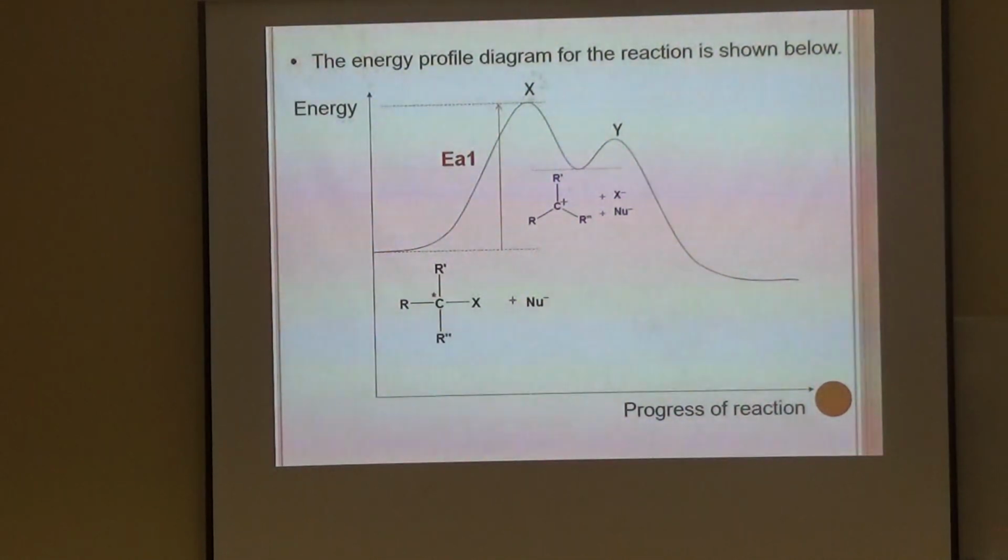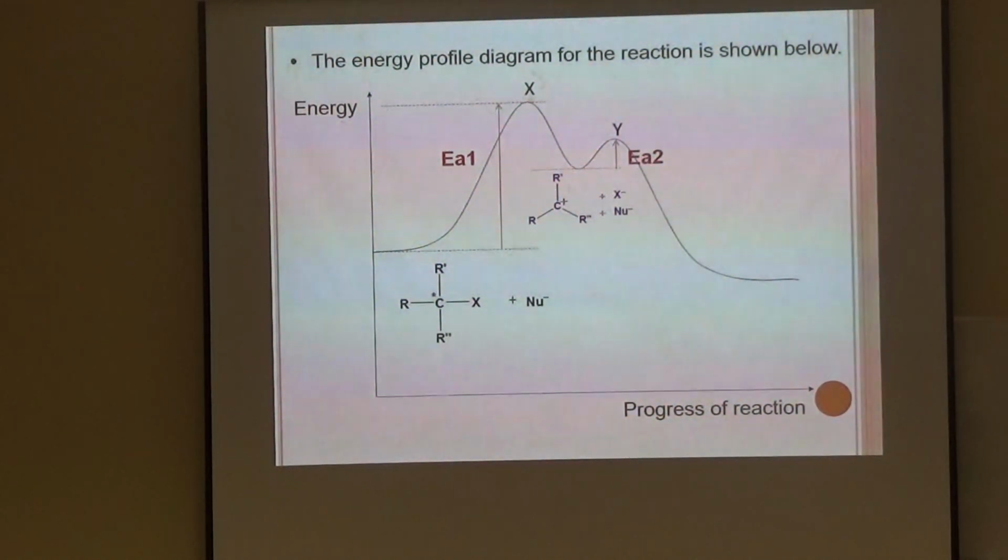In SN2 reaction, we have the transition state highlighted for you. But this one, the carbocation, is an intermediate. It's produced at the end of step 1. And then when the intermediate carbocation undergoes step 2, the activation energy for step 2 looks like this.